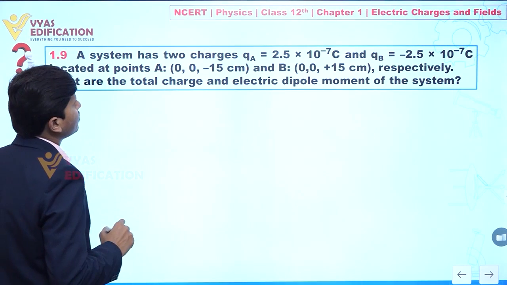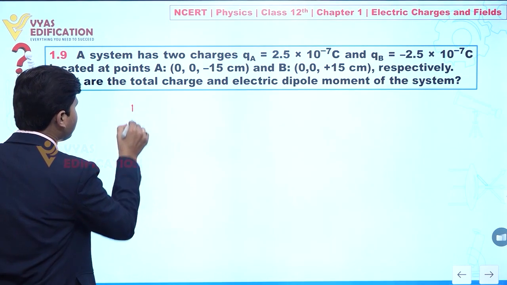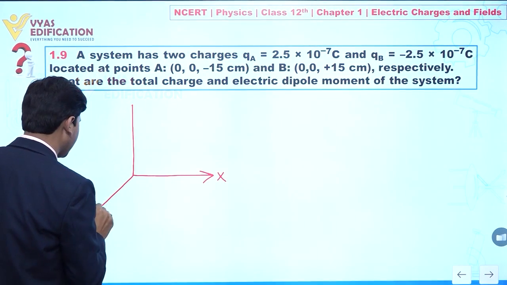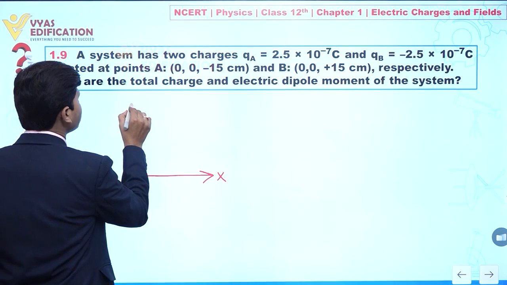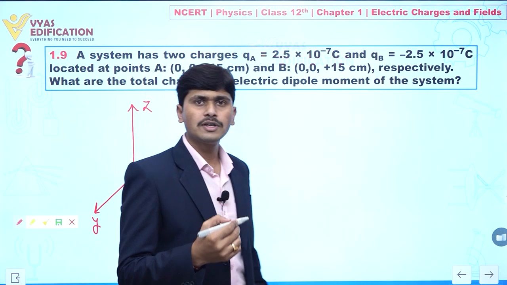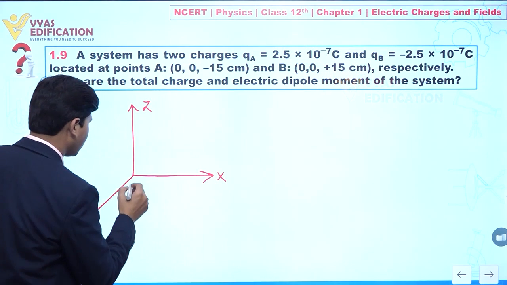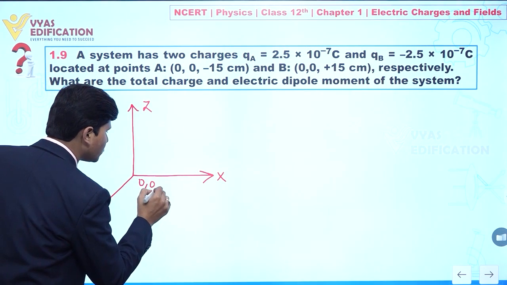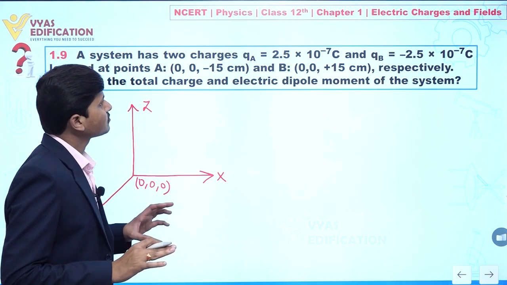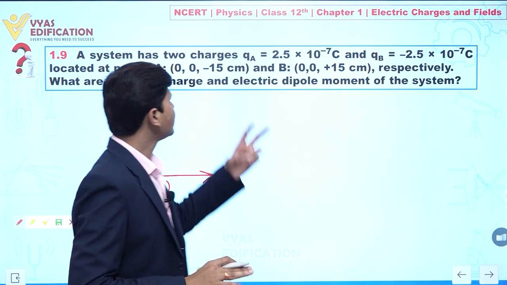So listen. Let's suppose first I am drawing here coordinates. Let's suppose this is x axis, this is y axis, and this is z axis. And definitely we have origin 0, 0, 0. Now in this question it is given two charges are placed at these two positions.